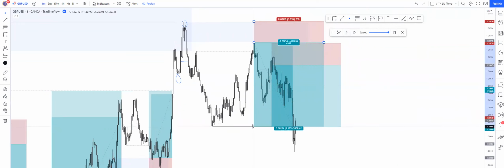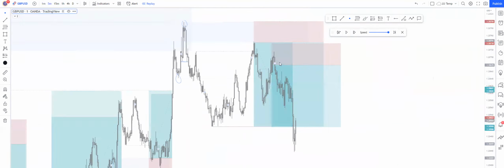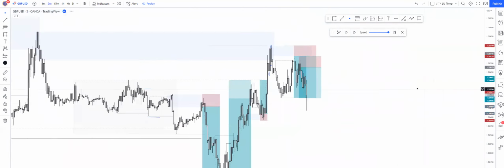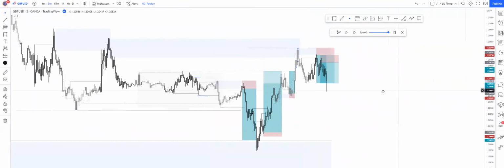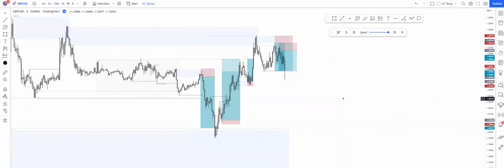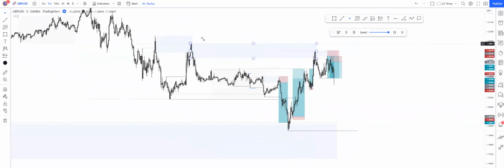Nice. So now we just took out this range. That's taken. The target is this one. From here to here.